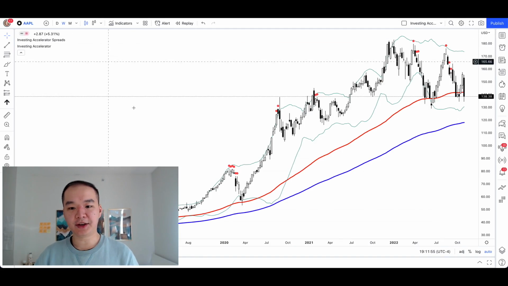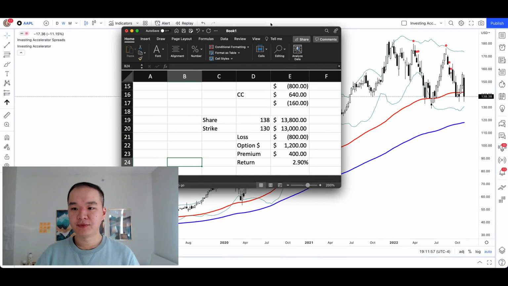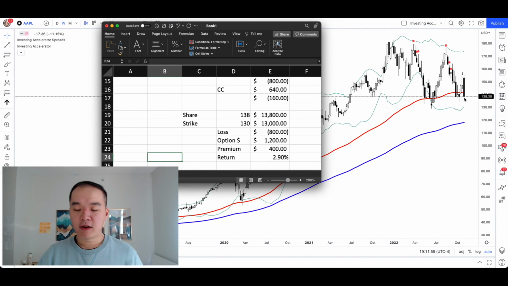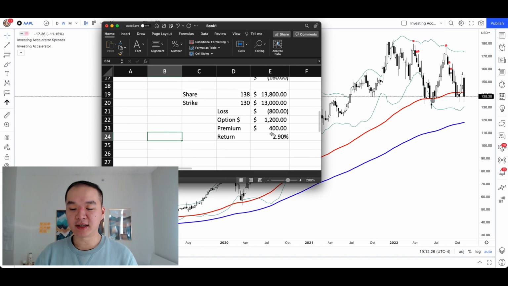Now what you're saying here is that right now Apple is $138. If you sell a covered call at $130 and Apple stays above 130 within 30 days, then you'll make your 2.9%. If Apple is below $130, then you will need to calculate the gain again.